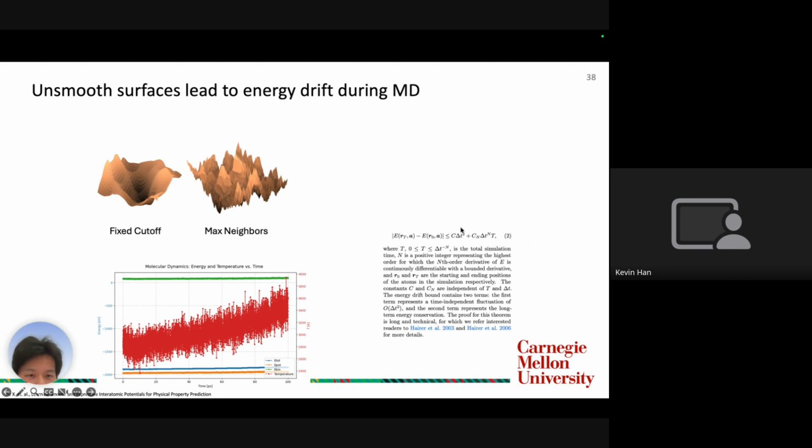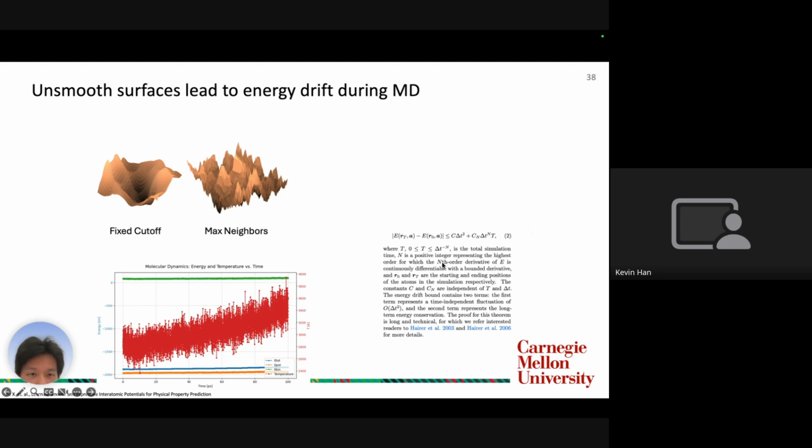The term on the left shows that ideally we would like a small time step in order to have low energy drift. And the term on the right, put simply, shows that the bound on the energy drift scales with delta t to the nth power, which is something that we really care about, right?